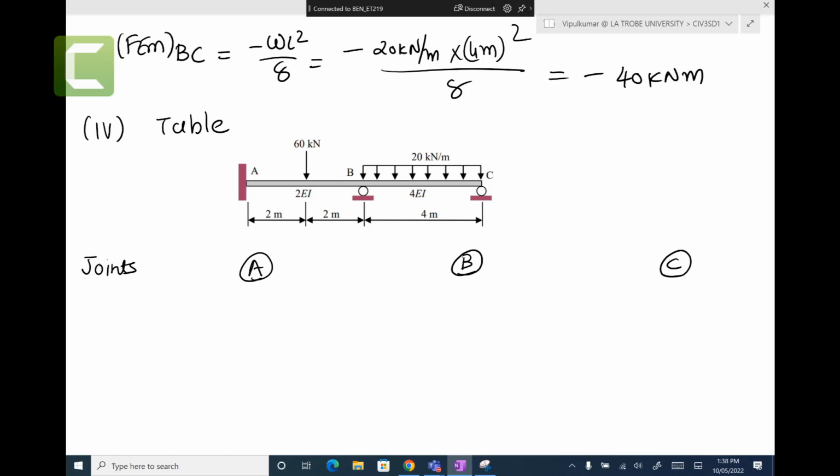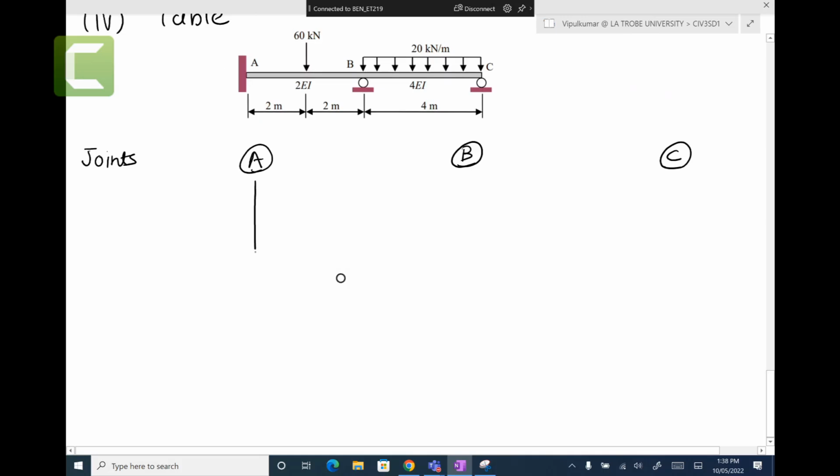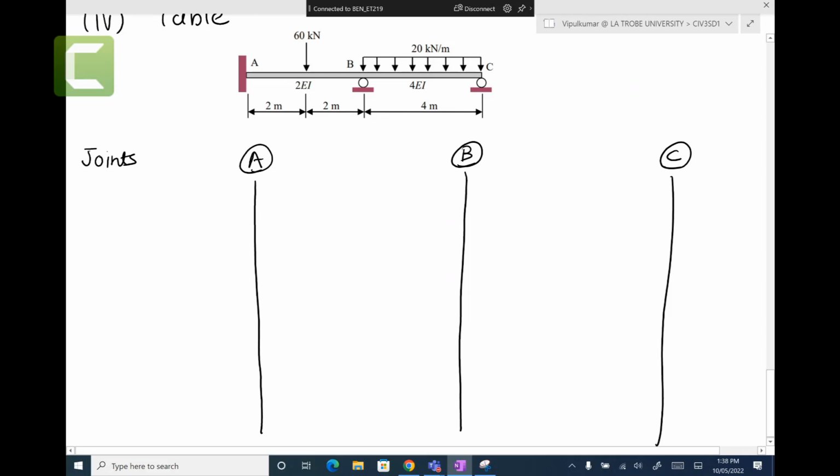Right. So you always start with joints. Then from the joints, you draw the vertical lines. Next, we write members: AB, then BA, BC, and CB.